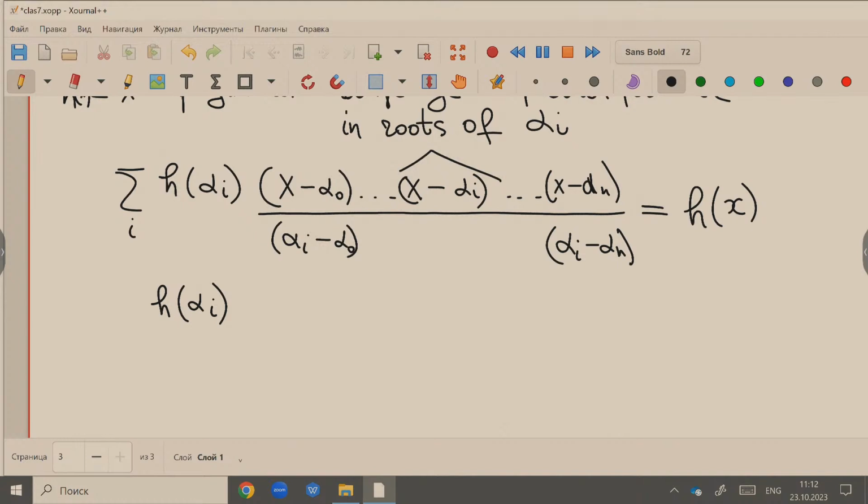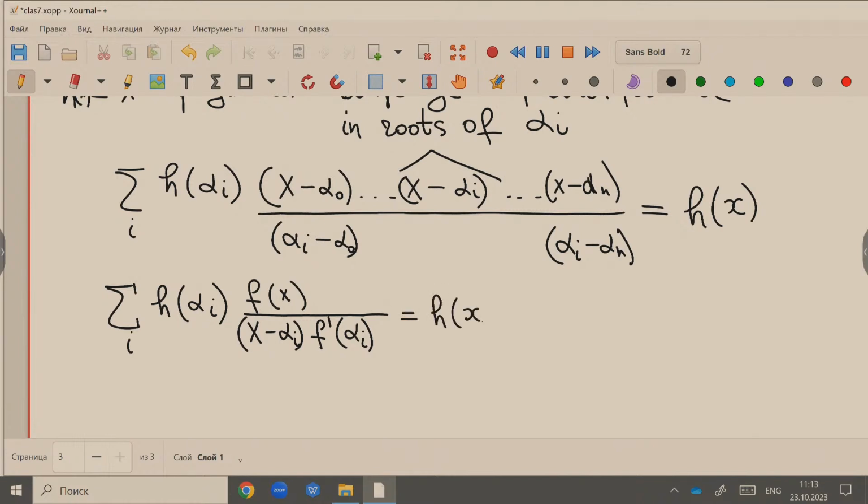It is the polynomial f of x divided by x minus alpha i, and divided by f prime of the corresponding alpha i. And you have to take the sum over i, and it is just h of x.